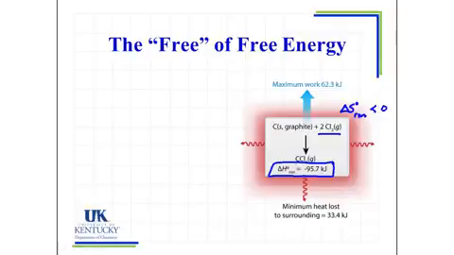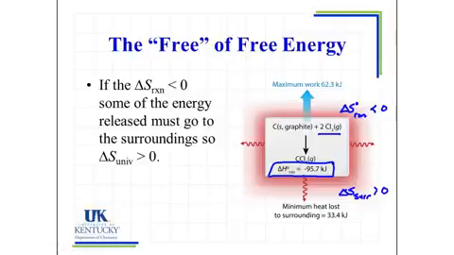For a reaction to be spontaneous, the delta S of the universe has to be positive. So I have got to have a positive delta S of the surroundings. It has to be greater than 0. I have to make up for the fact that the delta S of the reaction is negative. Now let's get some words up on the screen. If the delta S of the reaction is less than 0, which it is here because I'm decreasing the moles of gas, then some of this energy, released to the surroundings, has got to go to increasing the entropy of the surroundings.